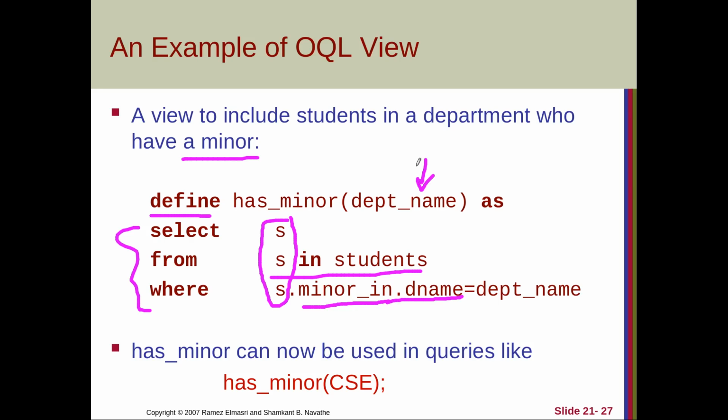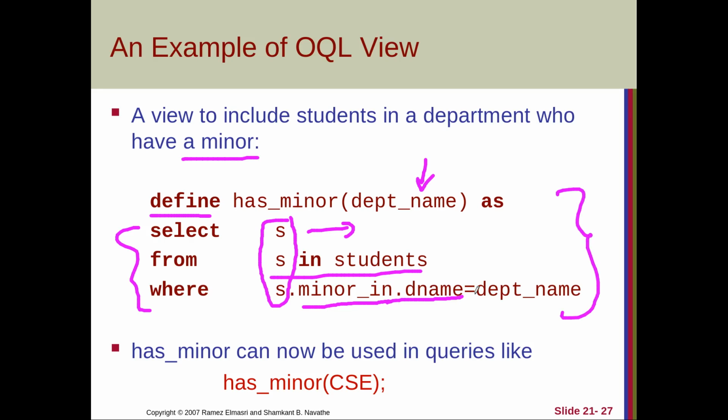So whichever parameter we are receiving along with this view name, if that department is having a minor, whichever students are selecting that minor, these students' details will be selected. Select all the students from students where the students have a minor in the department that is passed through this parameter. That is the meaning of this entire query.